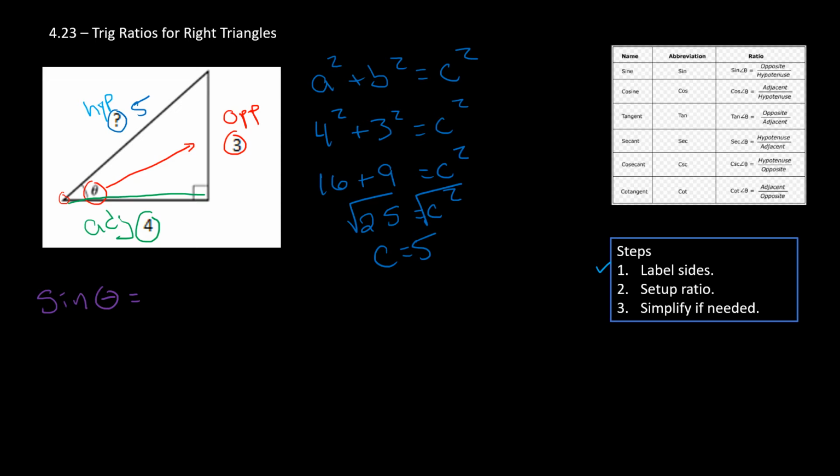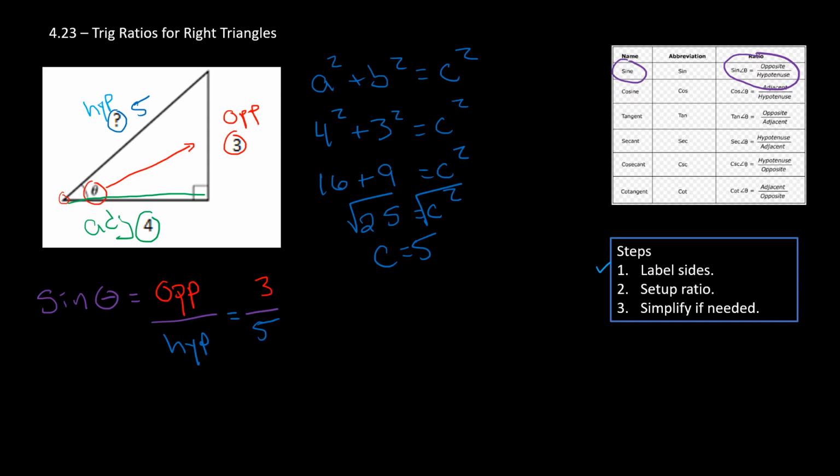Let's go ahead and come back to the trig ratios. Now that we know all of our sides and have labeled everything, let's set up the ratio itself. Looking at sine, we want to set this up as opposite over hypotenuse. So we're going to say opposite over our hypotenuse, and we take those values: our opposite value in this case being 3, over our hypotenuse value being 5.